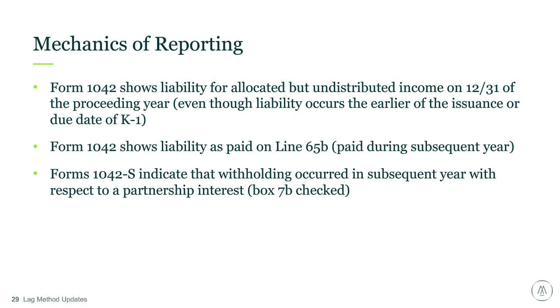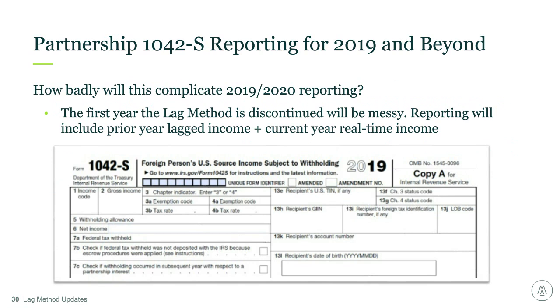And then the Forms 1042-F would indicate that withholding occurred in a subsequent year with respect to a partnership interest. So there's this box 7C, actually, down at the bottom left corner here, and that's where you indicate that this was a partnership distribution or allocation that wasn't distributed prior to the end of the calendar year.